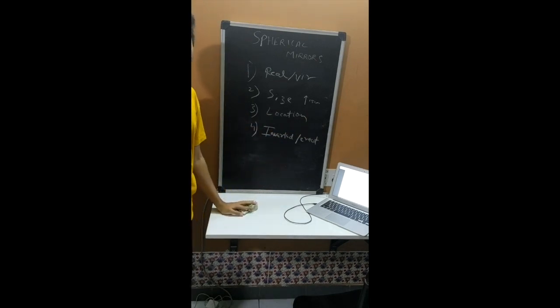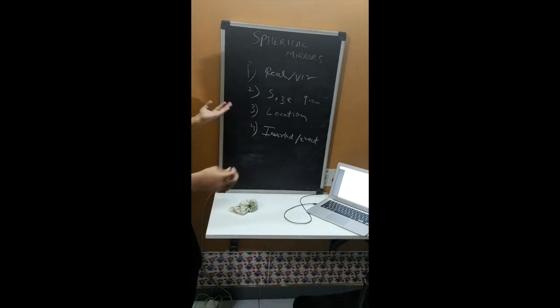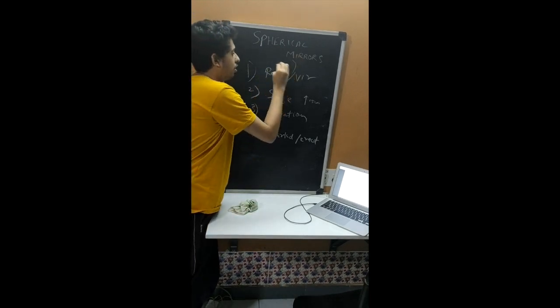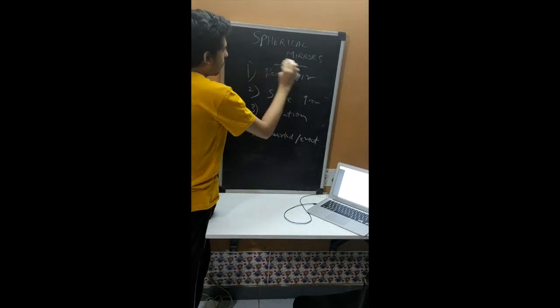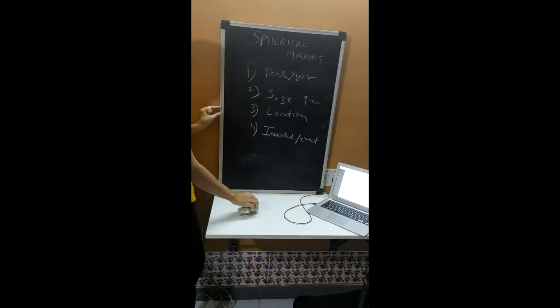We told it is somewhere in between focus or center of curvature. Like for example, if the object is beyond the center of curvature, then we told that the image will be situated somewhere between center of curvature and the focus. But we did not tell exactly where. To know where exactly, we need to use some formulas.